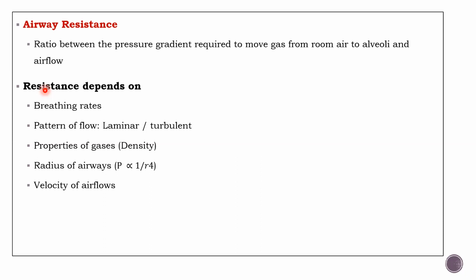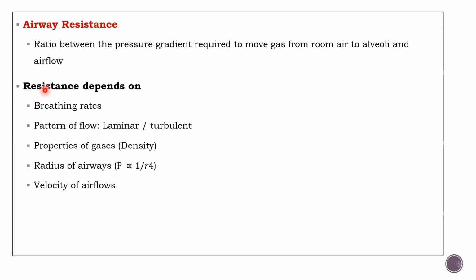For you to address the resistance, you should know the concepts that affect it. In a simple way, I told you it depends on the radius, but there are many other factors that decide the resistance.